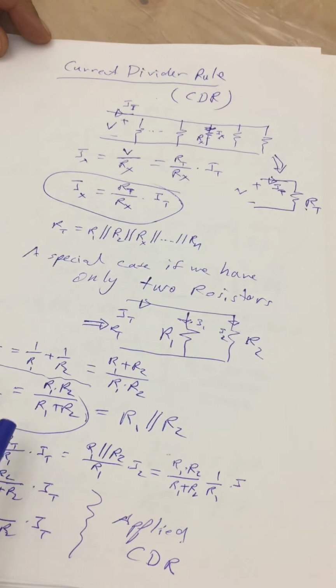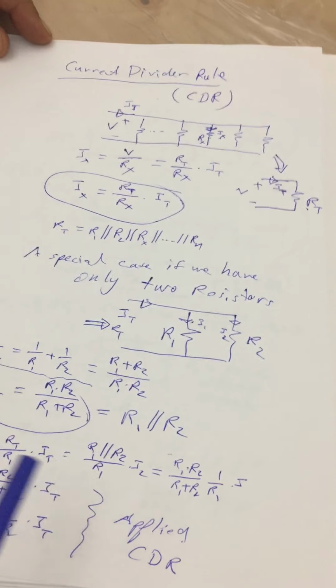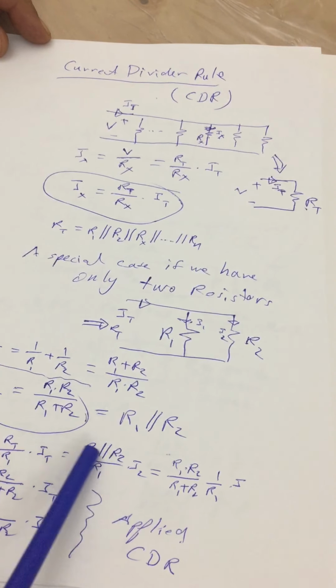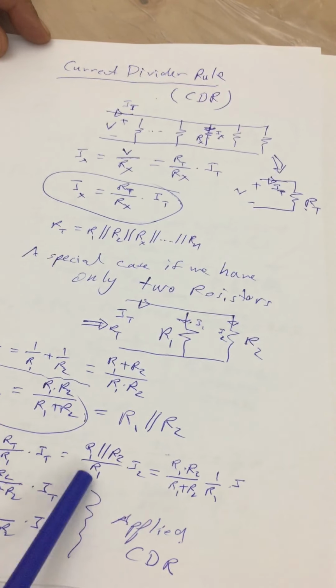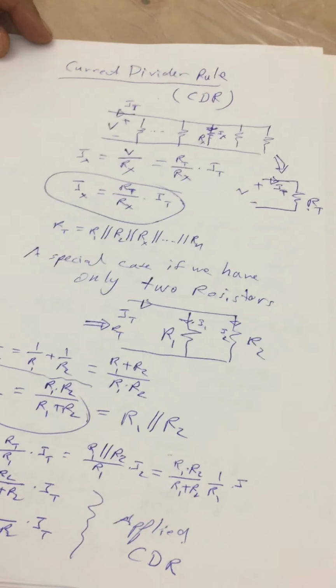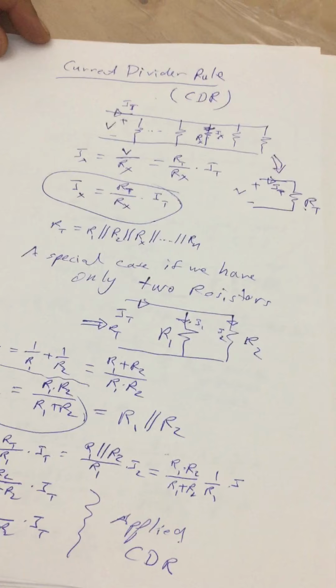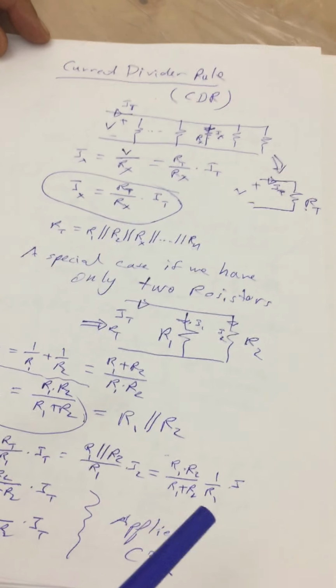And if we apply the current divider rule for I1, I2, it is simply I1 is R total, which is the parallel combination between R1 and R2, divided by R1, because we are calculating I1. Similarly for I2, we do the same.